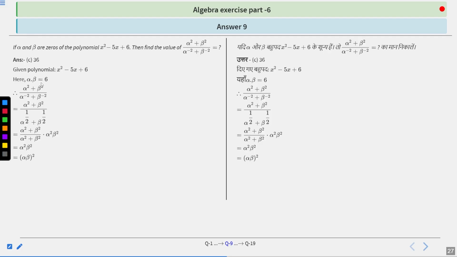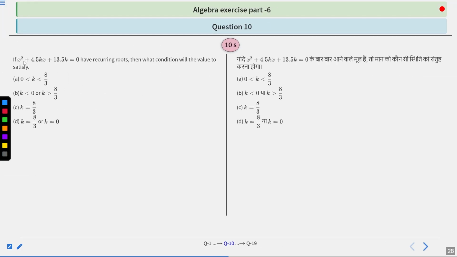The value of alpha into beta, which is equal to 6, we have already found. So putting the value of alpha into beta equal to 6, we get 6 square equal to 36. That means the value of the expression can be my option number C, 36.